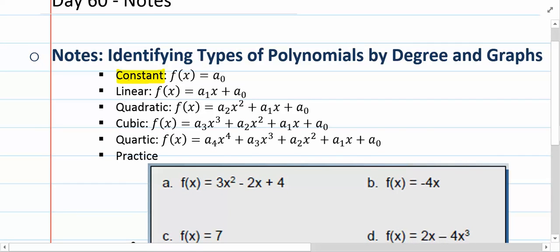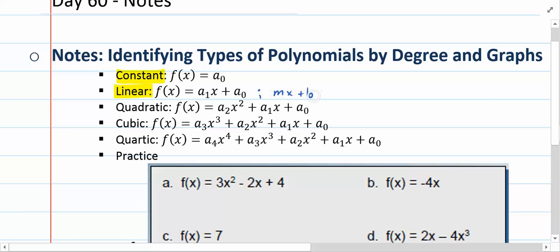A linear polynomial is a polynomial that follows this form. We have a sub 1, so a number in place of that, in front of our x value, our variable, plus a sub 0, a constant. Now, you may have seen the form mx plus b before, and that's very similar.